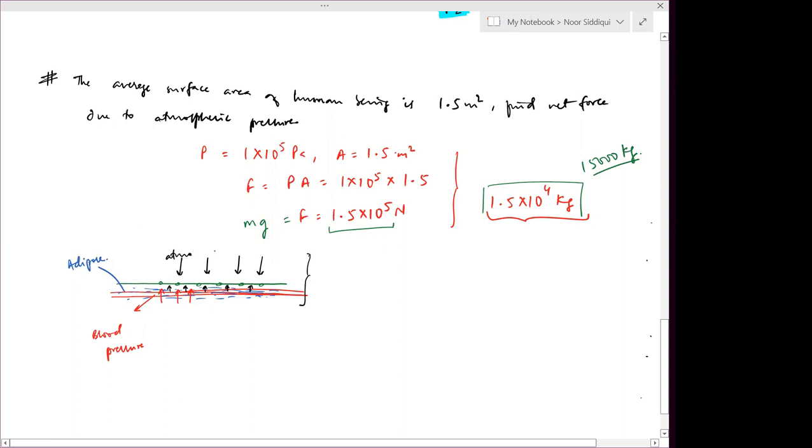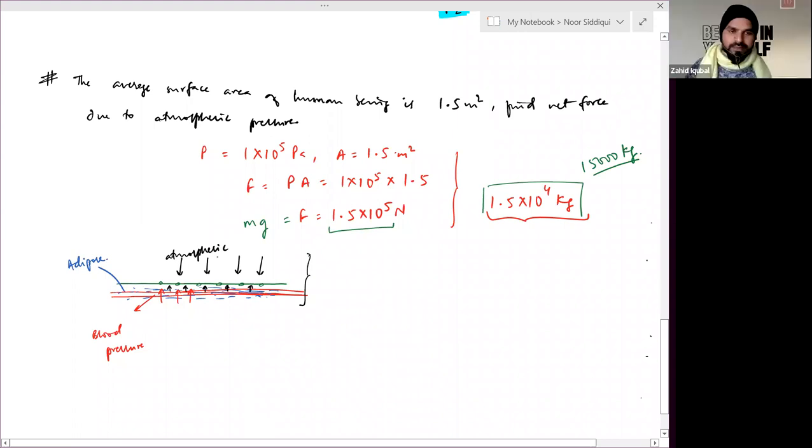So blood pressure and adipose tissue, both of them are exerting pressure towards the outer side, against atmospheric pressure, and there will be pressure from outside due to air. So this will be blood, and this will be air filled in bubbles of fat or adipose tissue.